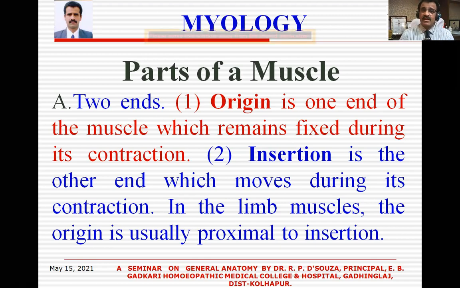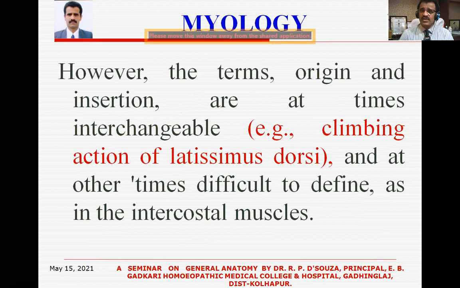Okay. The terms origin and insertion are at times interchangeable also. Sometimes in some muscles they are interchangeable. For example, the climbing action of the latissimus dorsi muscle. Latissimus dorsi muscle is present on the back of your body, which originates from the lower girdle, that means the pelvic girdle, and gets inserted on the upper girdle, which is called the pectoral girdle.